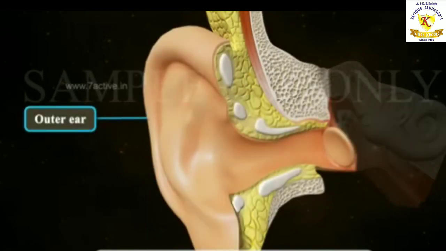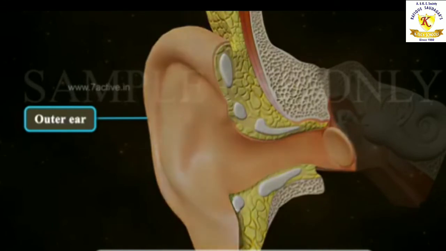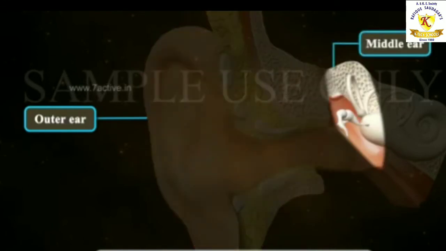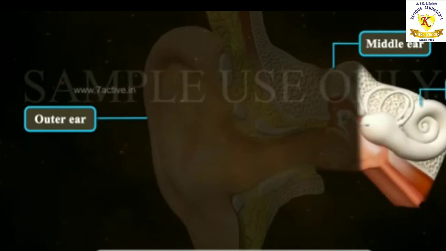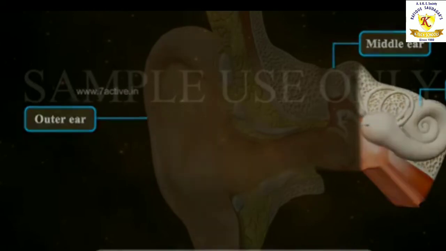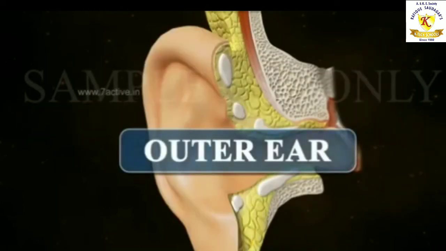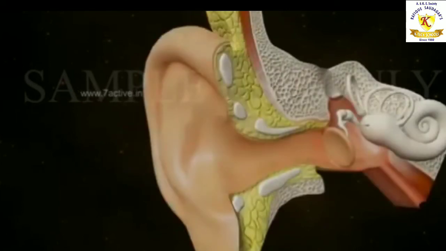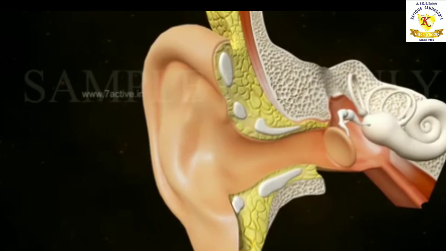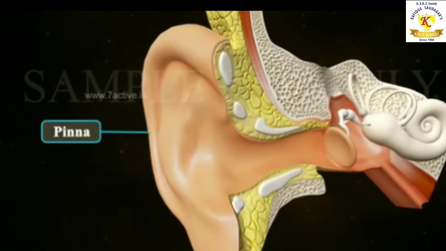They are the outer ear or pinna, the middle ear, and the third one is the inner ear. Let's study the outer ear. The outer portion of the ear is called the pinna.